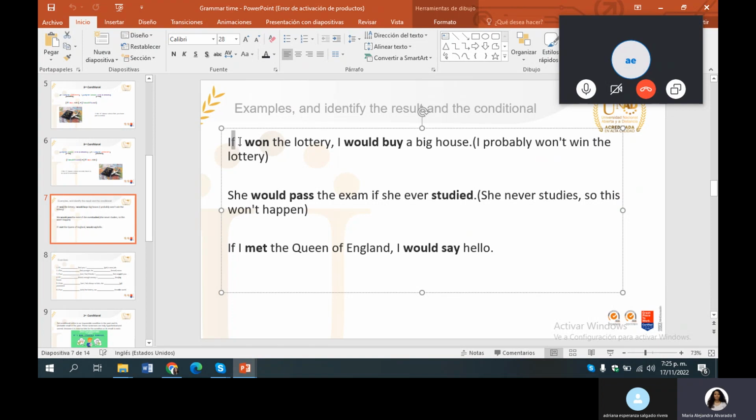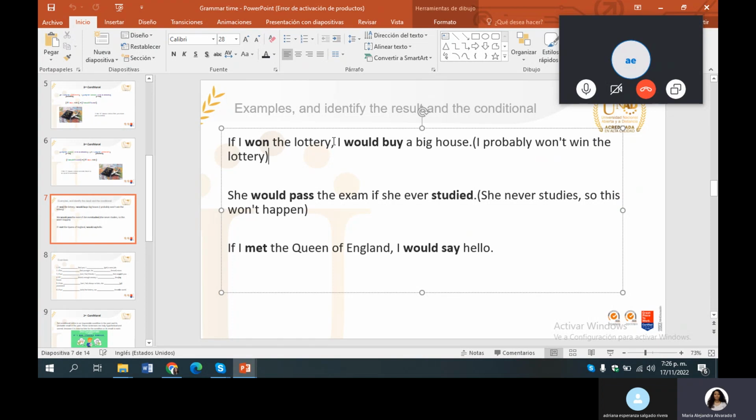So if I won the lottery, I would buy a big house. So this is second conditional. But what happened here? In the mixed conditional, they say, hey, you know what? You can mix the conditionals, you can combine the second and the third conditional. So that's okay, that's all right.